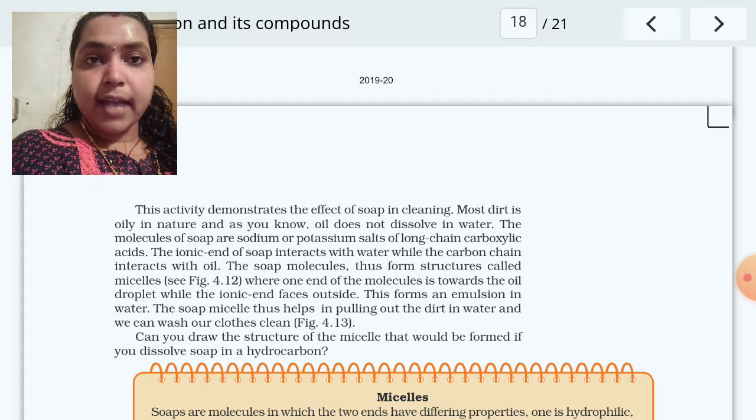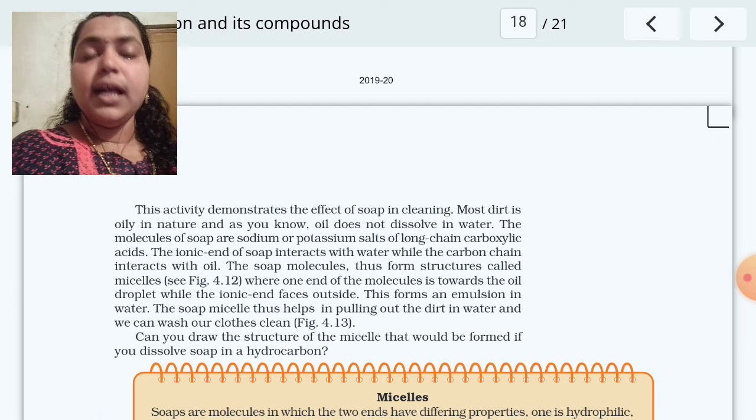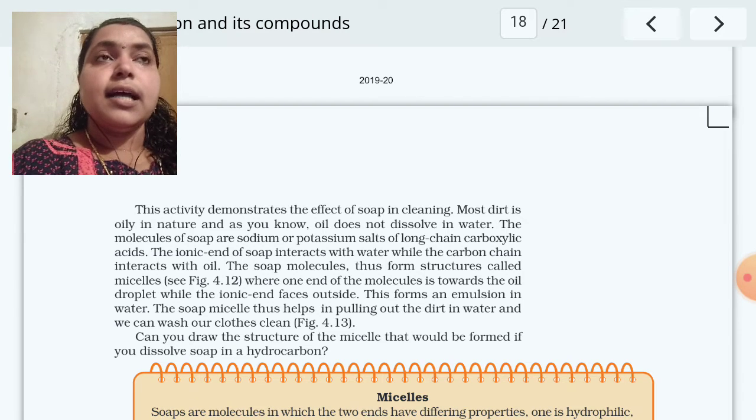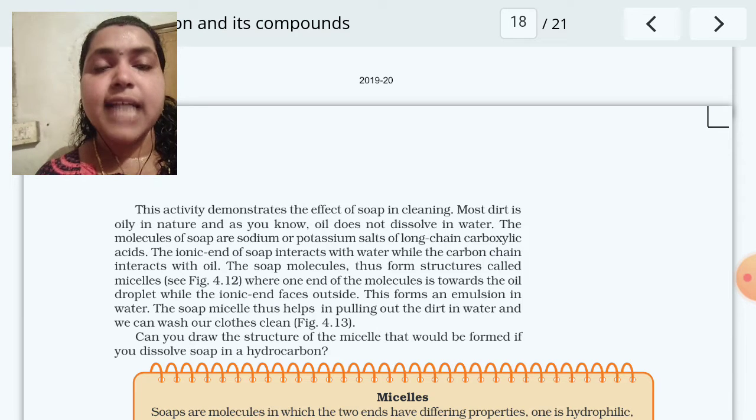So this way we can remove the dirt from the cloth. When this micelle is formed around the dirt, what is happening there?